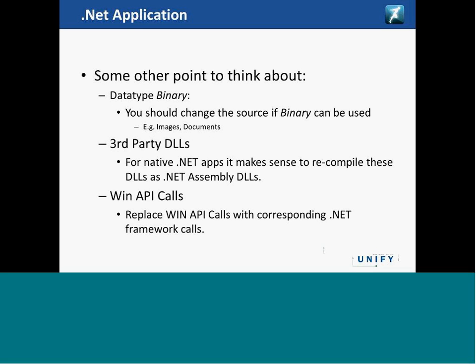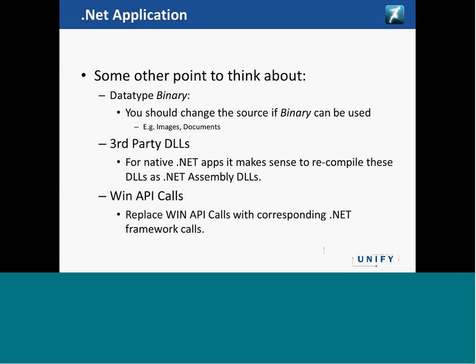If I talk to a customer, if I get a response from a customer, then we have to think about a few points. First of all, we implemented in Team Developer a new data type called binary. And you should change the source if binary can be used.